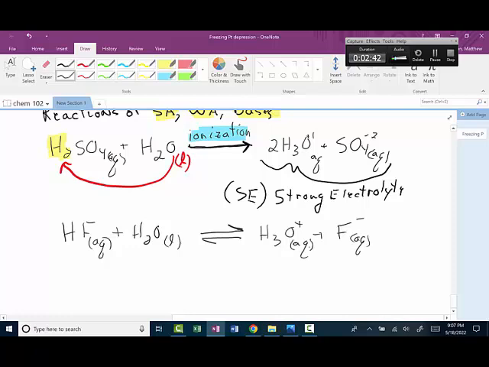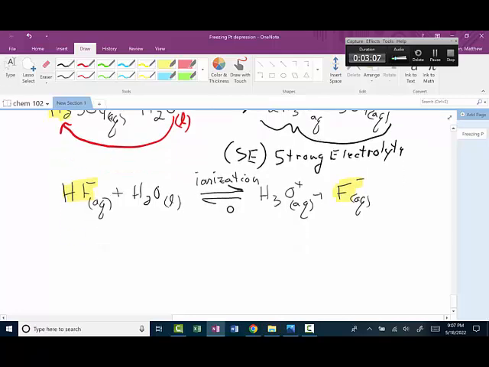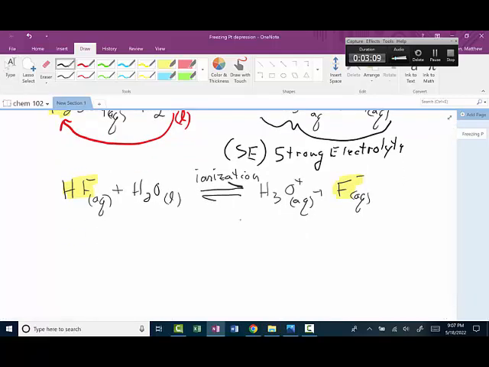It's why we call it a weak acid. It does not react 100%. So out of every million HFs, we might get 1 F minus. And so this is ionization, which means it's reacting to form ions, but it is a weak electrolyte because it doesn't react a lot.